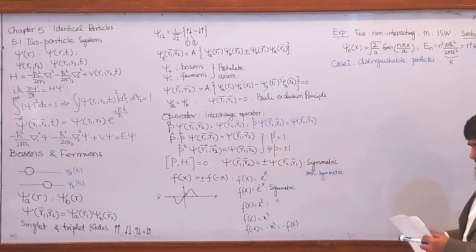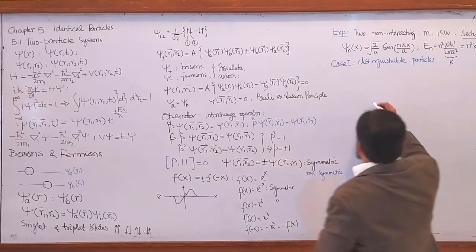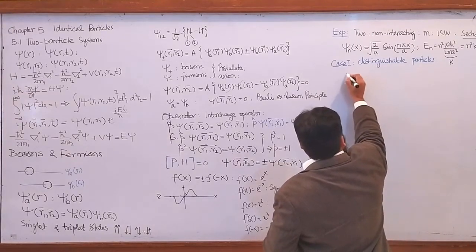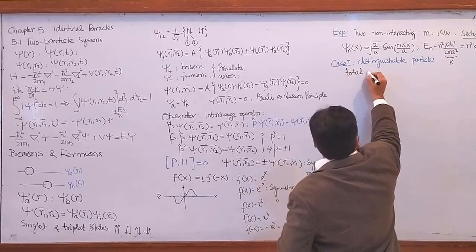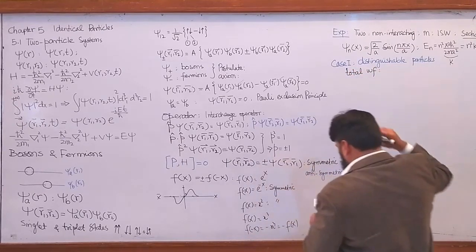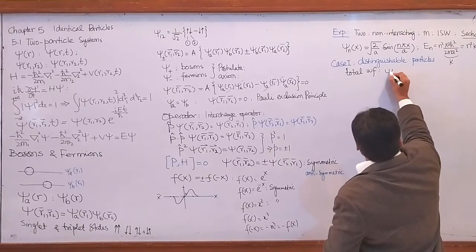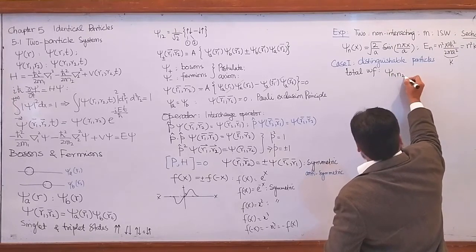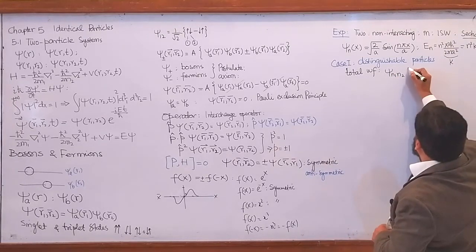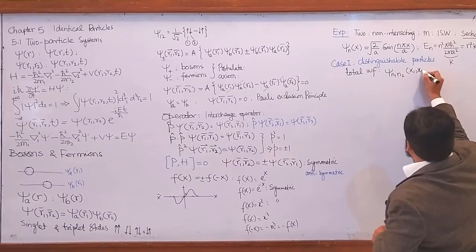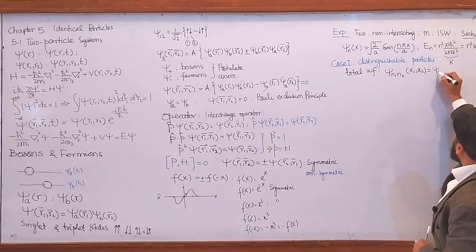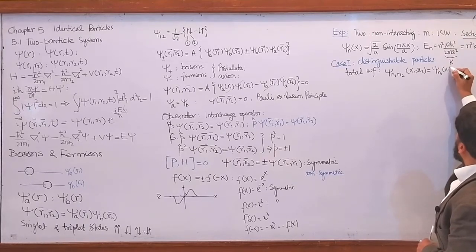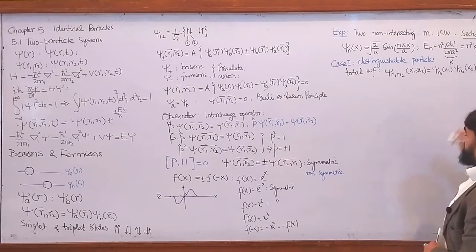So, now the total wave function psi(n1, n2; x1, x2) will be equal to psi n1 of x1 times psi n2 of x2.